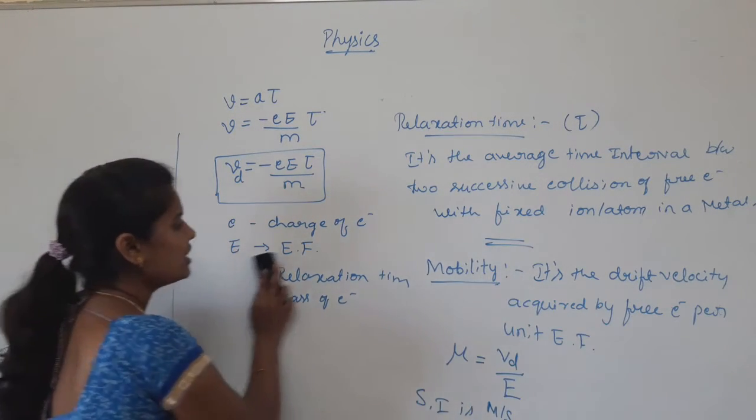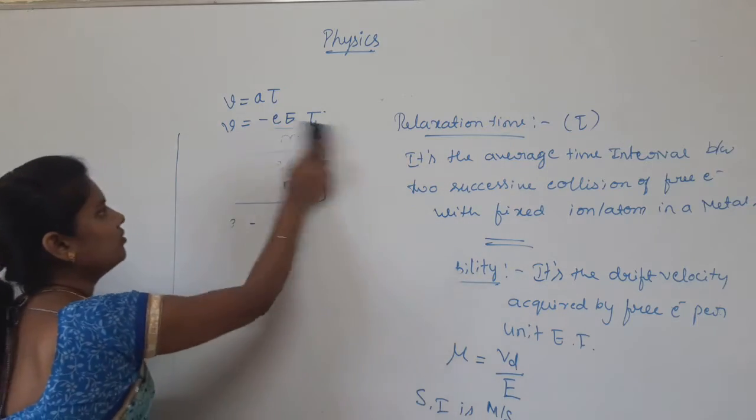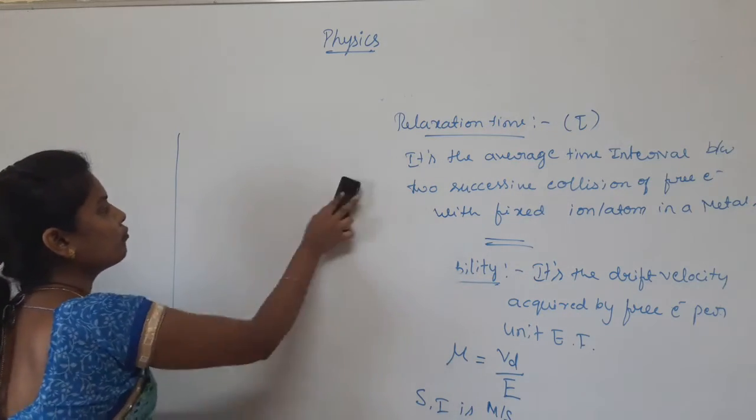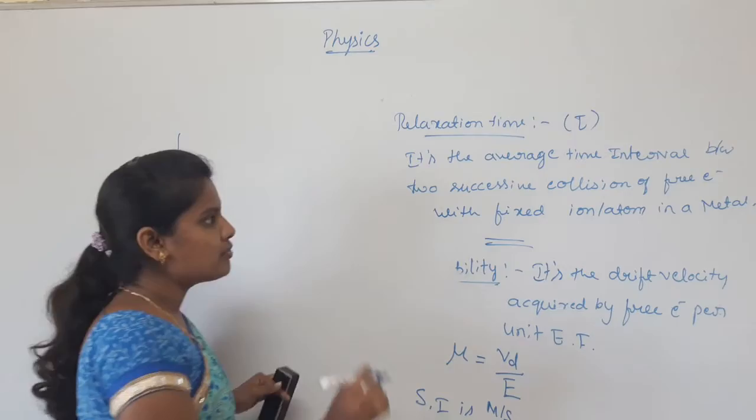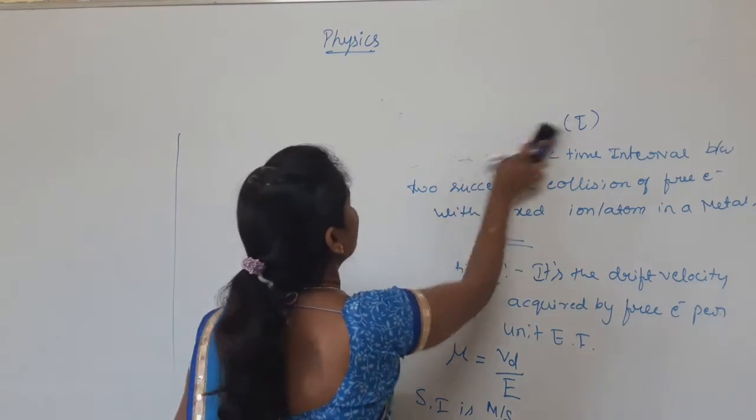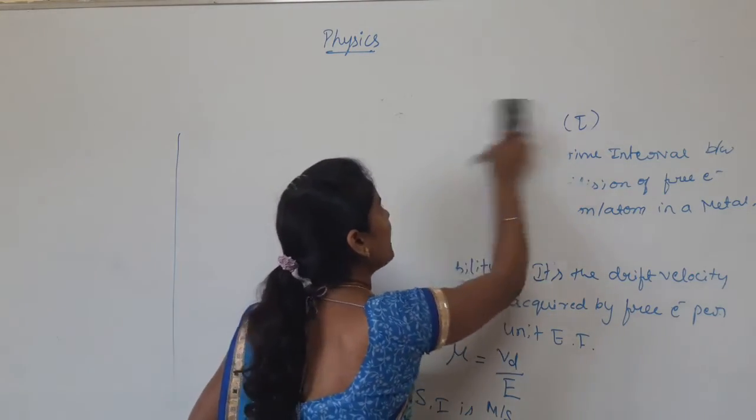And the next one is the expression for current in terms of drift velocity.